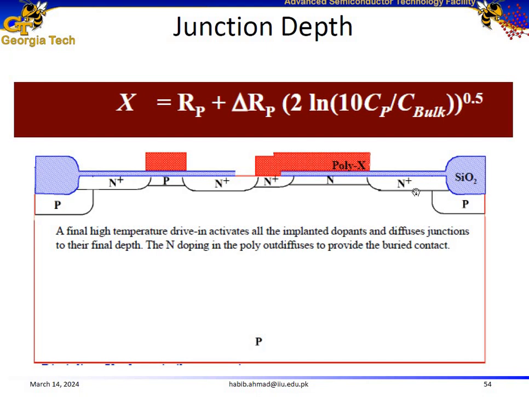We know that in order to achieve drain and source regions in MOSFETs, we need to perform ion implantation. And these drain and source regions have a certain junction depth.